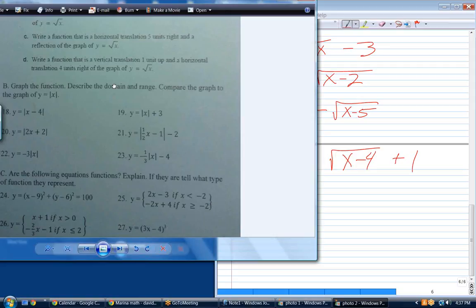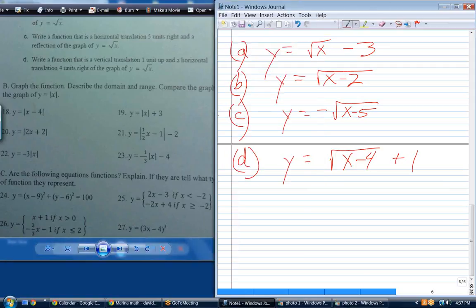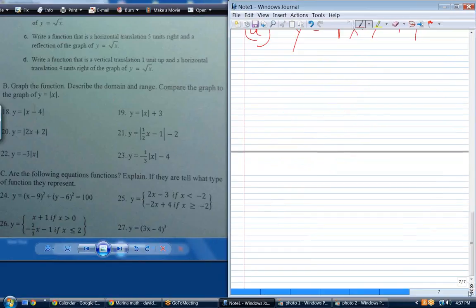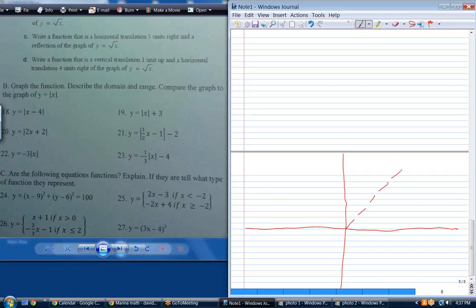All right. So what is the, here, let me redraw this. What does the absolute value function look like? Looks like a V. Okay.